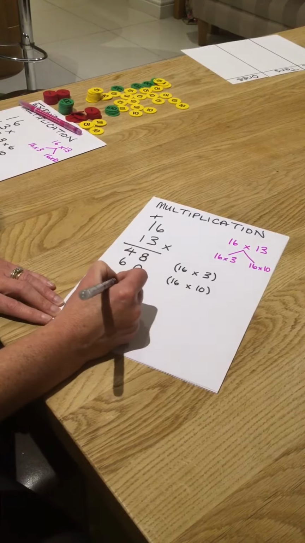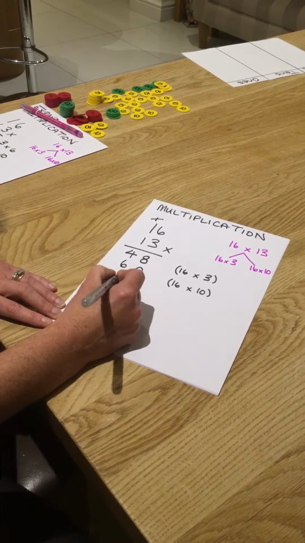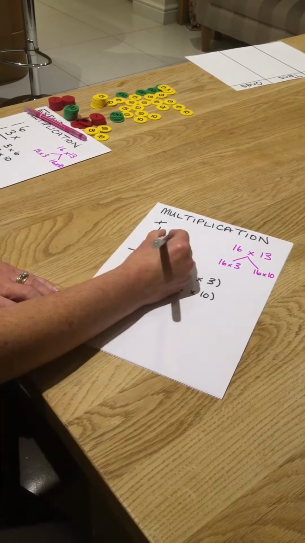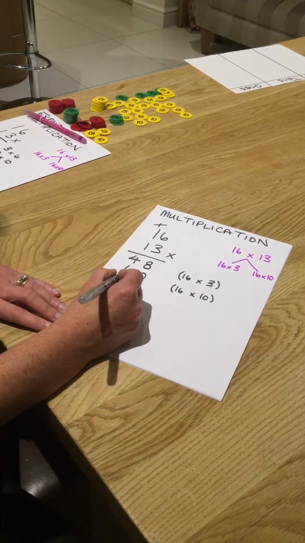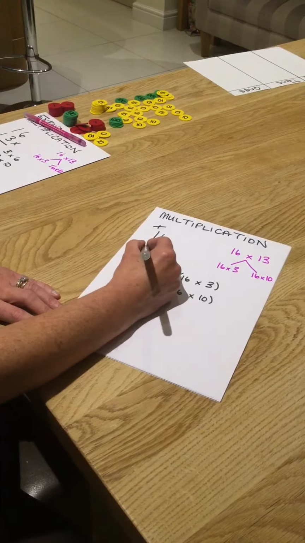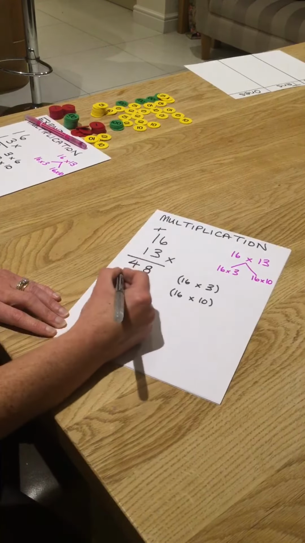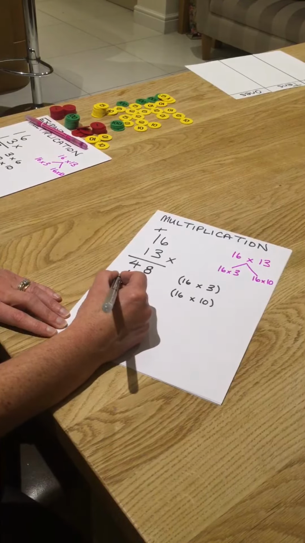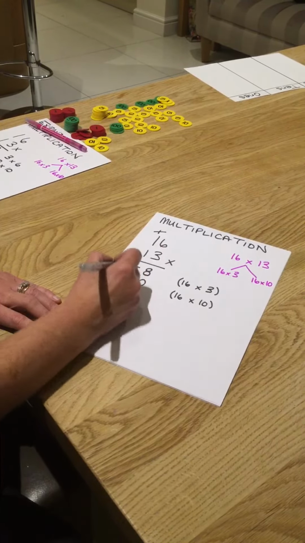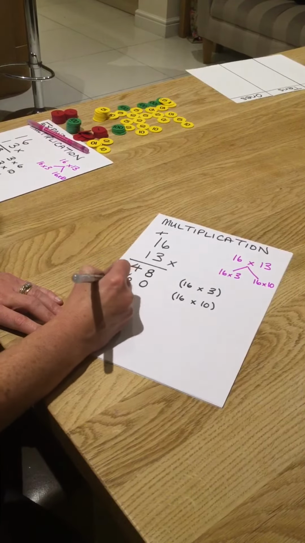Because I have to write it in my tens column, I automatically know that that's 60. 10 lots of 6 is 60. I then move on to 1 lot of 10. This is the same as 10 times 10, which is 100.